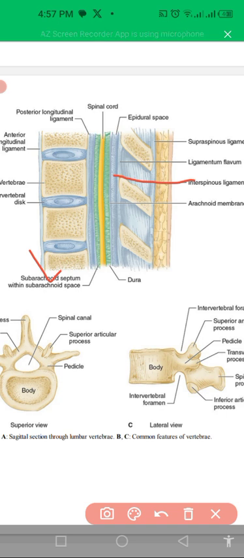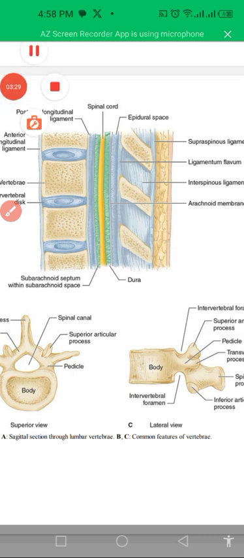Commonly we inject at the L3-L4 level, and we do a saddle block in perineal surgeries. We ask the patient to lie down supine if a surgery requires a block below the T10 level. In this way we inject a hyperbaric or hypobaric solution, and we ask the patient to tilt their position in order to block a certain part of the body, a certain part of the limb.